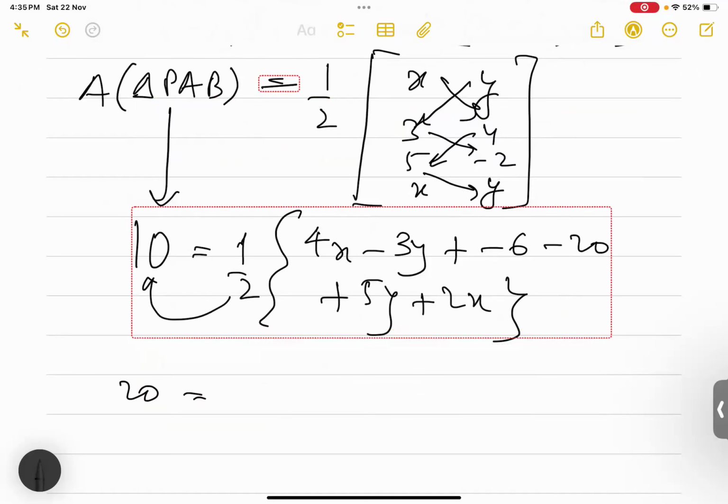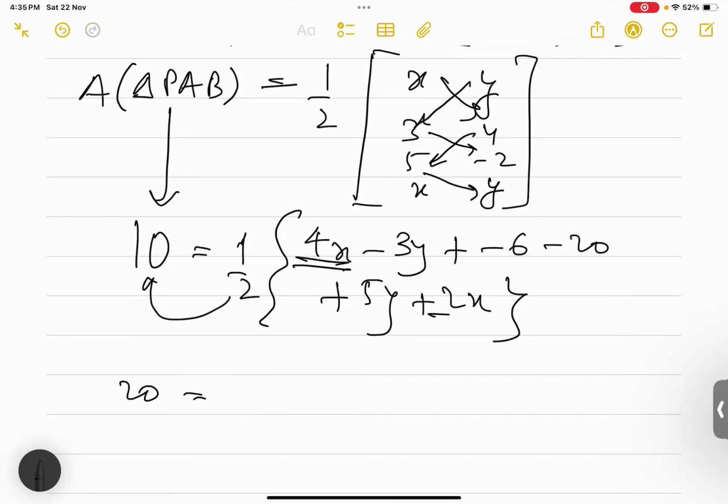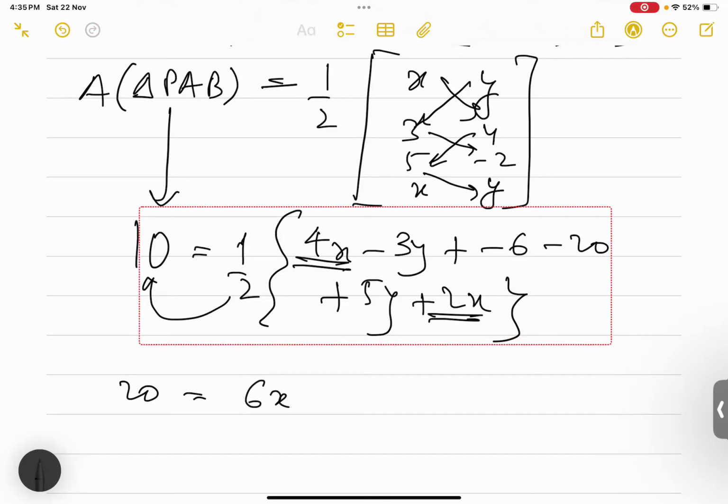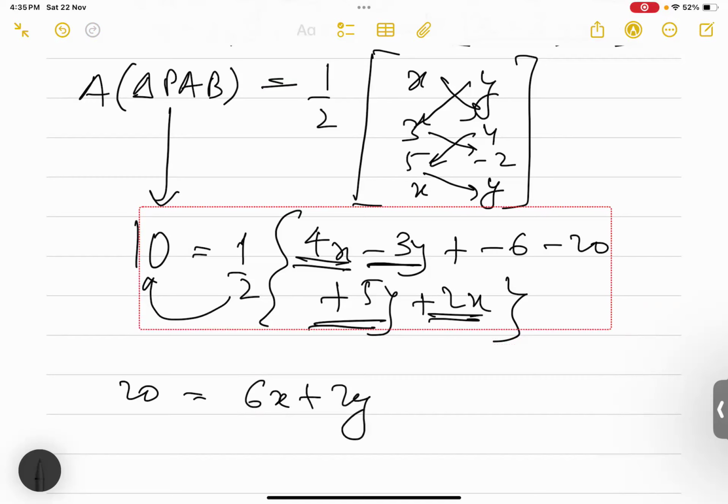Fine. So 4x minus 3y. What we'll do is 4x plus 2x is 6x, 5y minus 3y is plus 2y, minus 26 equal to 20.